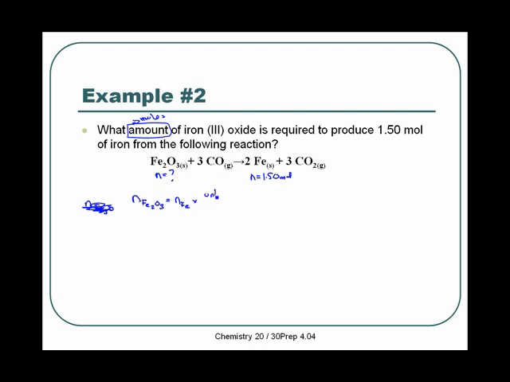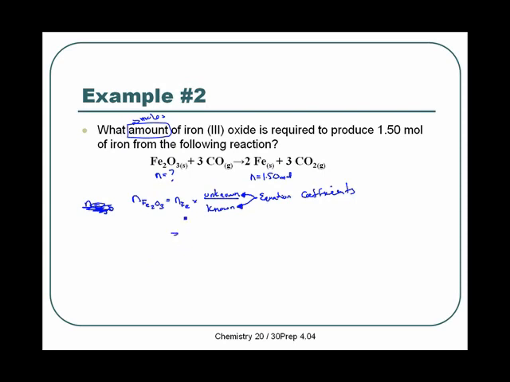And again, it's going to be unknown over known, and again, these come from our reaction coefficients, or equation coefficients.